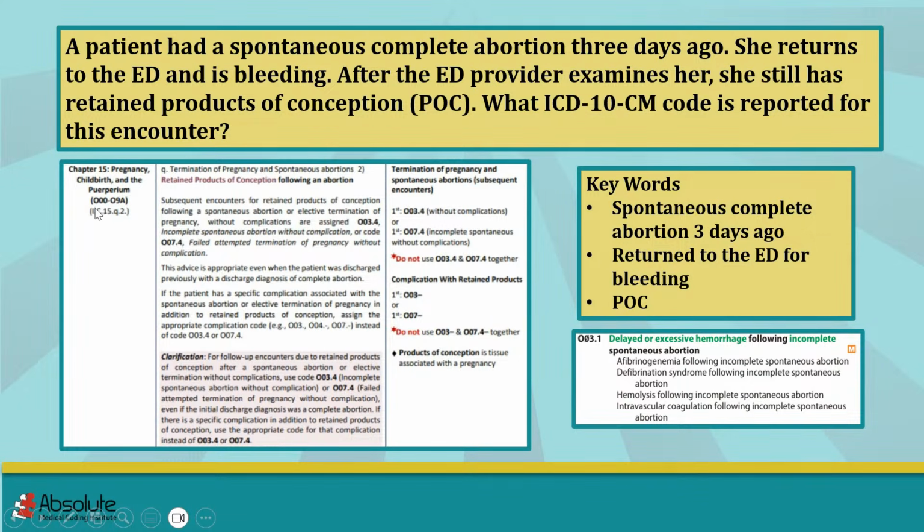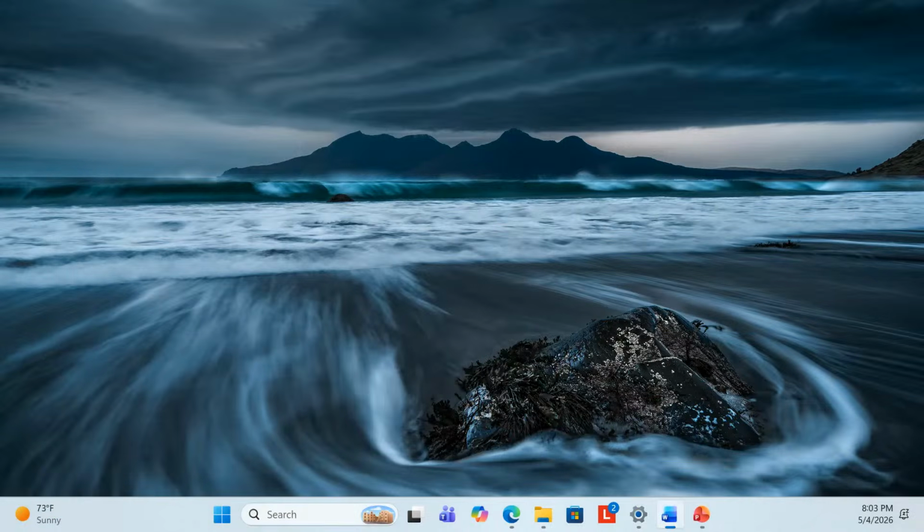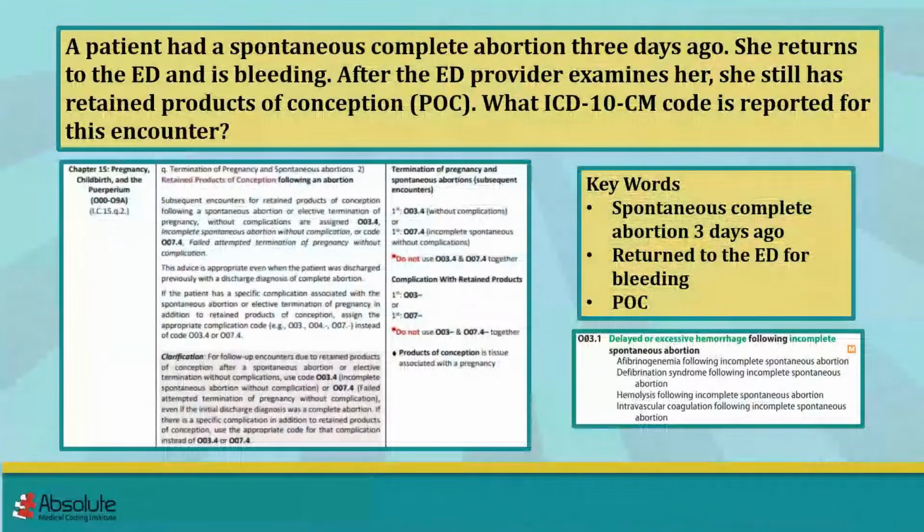So the IC15Q2. It says in here specifically that when a patient has retained products of conception following a spontaneous abortion, report a code from category O03, spontaneous abortion, even when the patient has been discharged with a diagnosis of complete abortion previously.